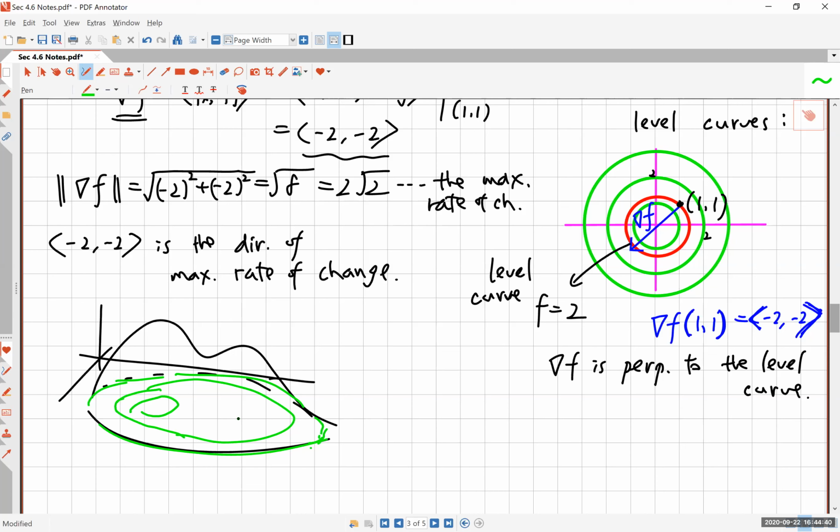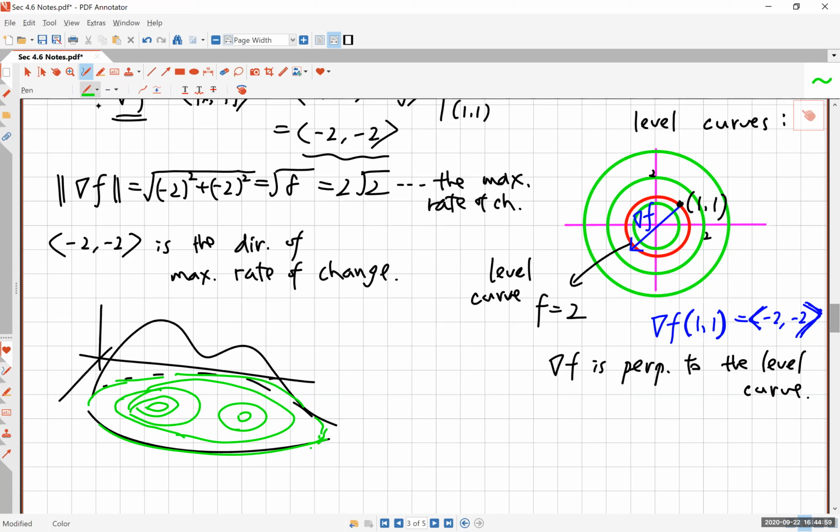And so you can see that this is what the level curves look like, right? Basically what you're doing is connecting all of these points here and then projecting them down to this plane.